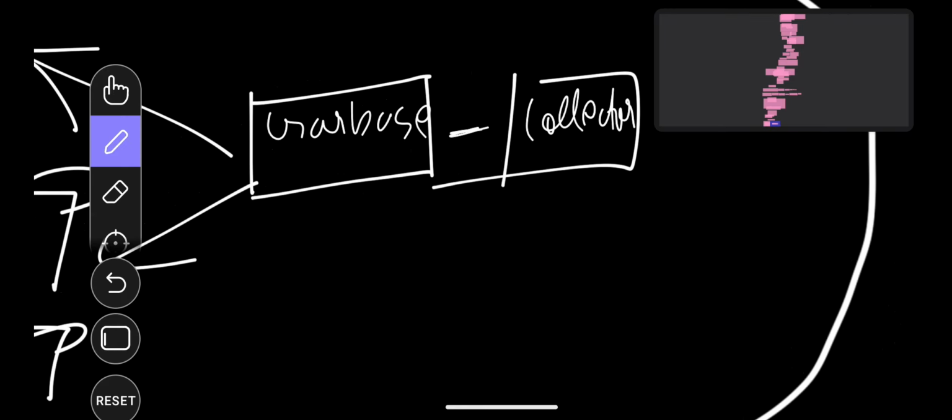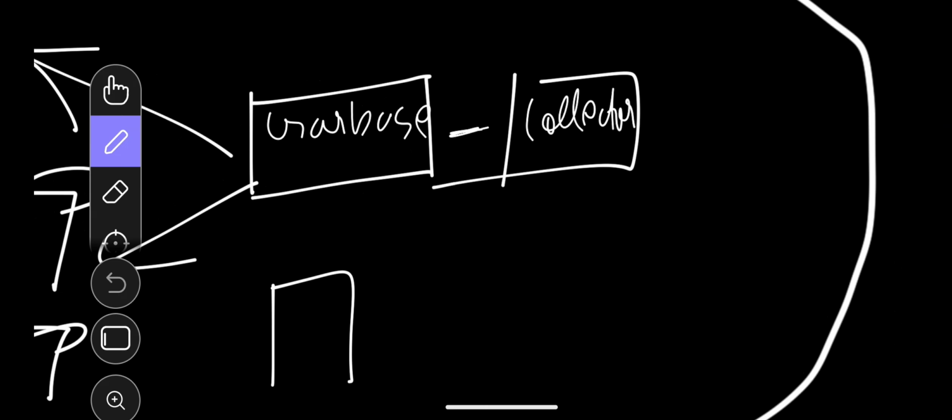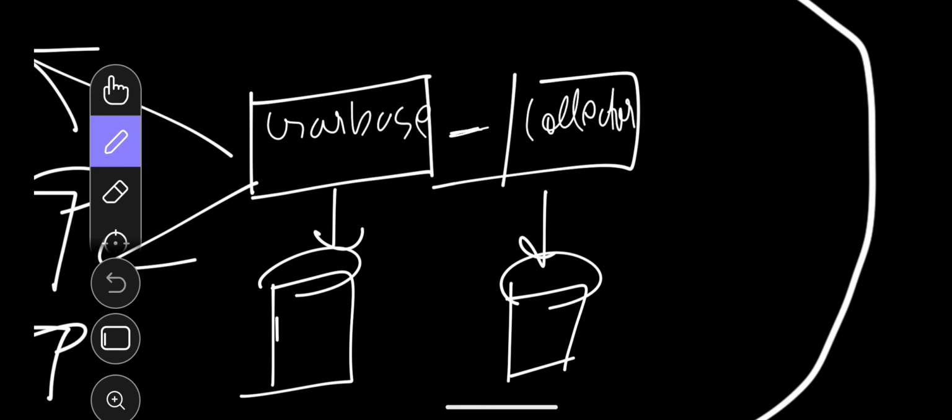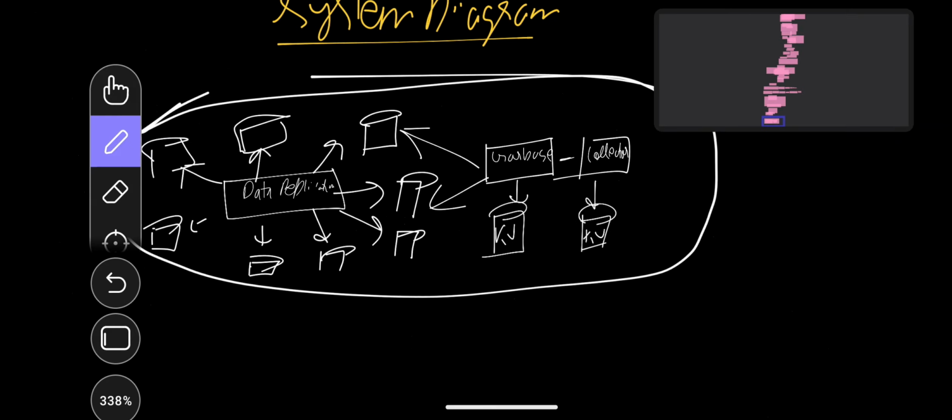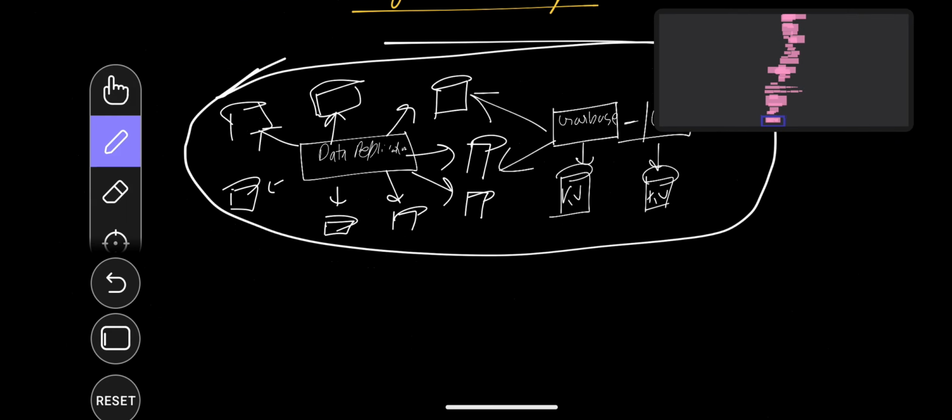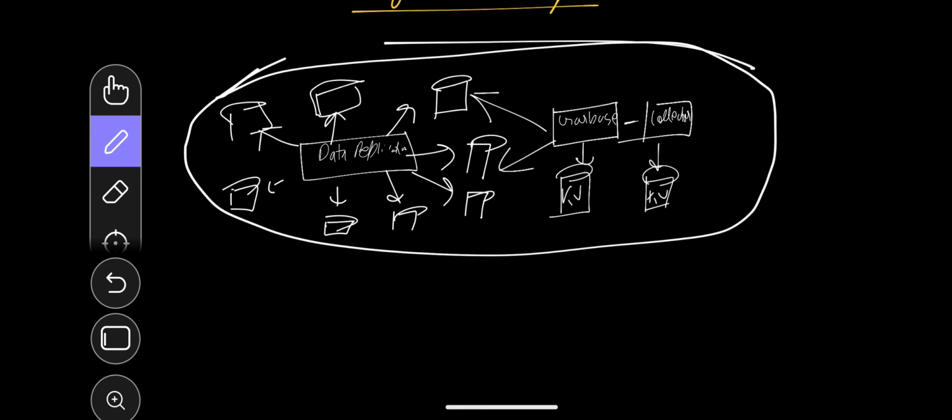So we have the key value store here also, which is going to mark everything, because it is going to be connected by the garbage collector itself. So we have the key value store, the garbage collector, the data replication and blob storages here.